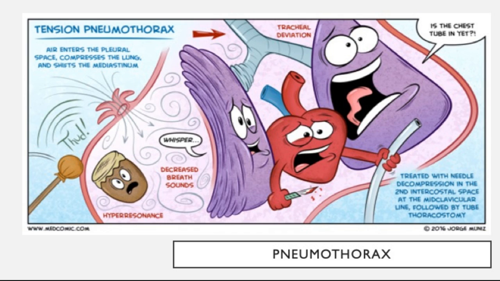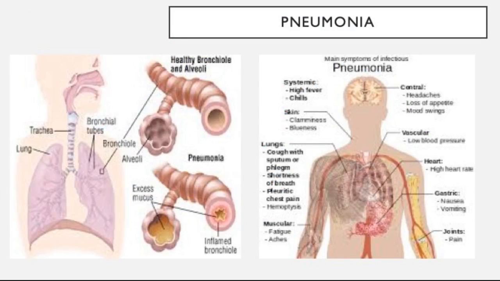The air is drawn into the pleural space during inspiration, and that causes it to separate more, destroying the negative pressure of the pleural space. This can continue to enlarge and shift even the opposite lung over as well, causing tracheal deviation. Now, if this becomes large enough, it can decrease the venous return to the heart, which is a life-threatening situation that does require decompression for survival.